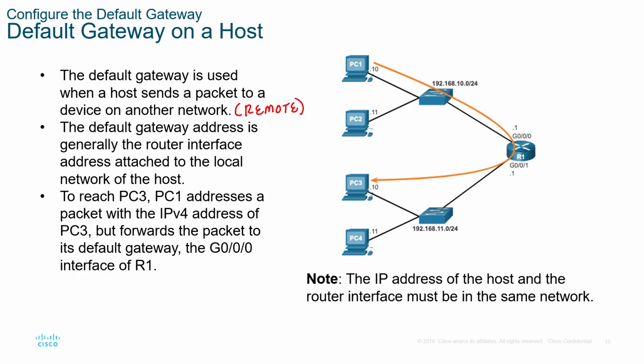To reach PC3, PC1 addresses a packet with the IPv4 address of PC3, but forwards the packet first to its default gateway. We've talked about this a couple of times now. So the G0/0/0 interface of R1 steps in and acts as a proxy to forward it toward the destination. So in this example, R1 G0/0/1 is the default gateway for LAN 1.